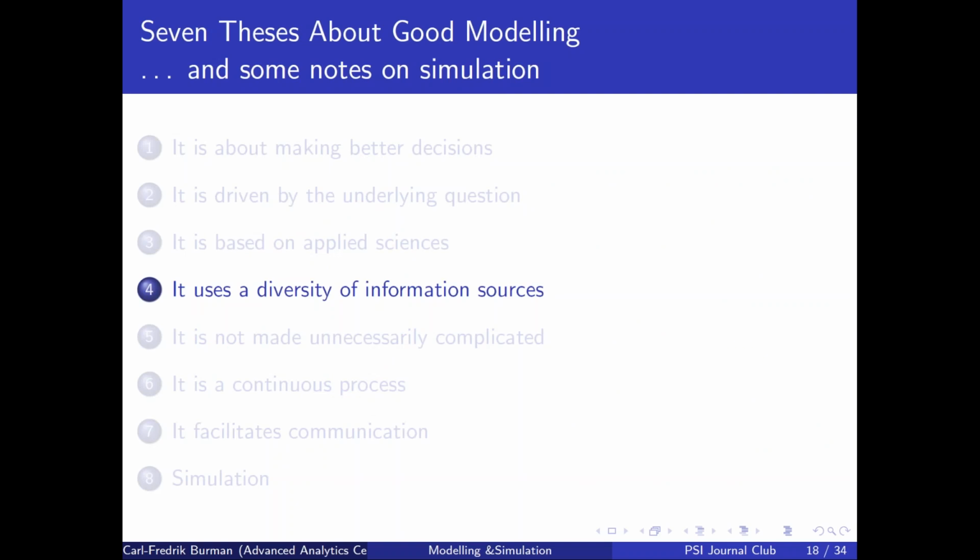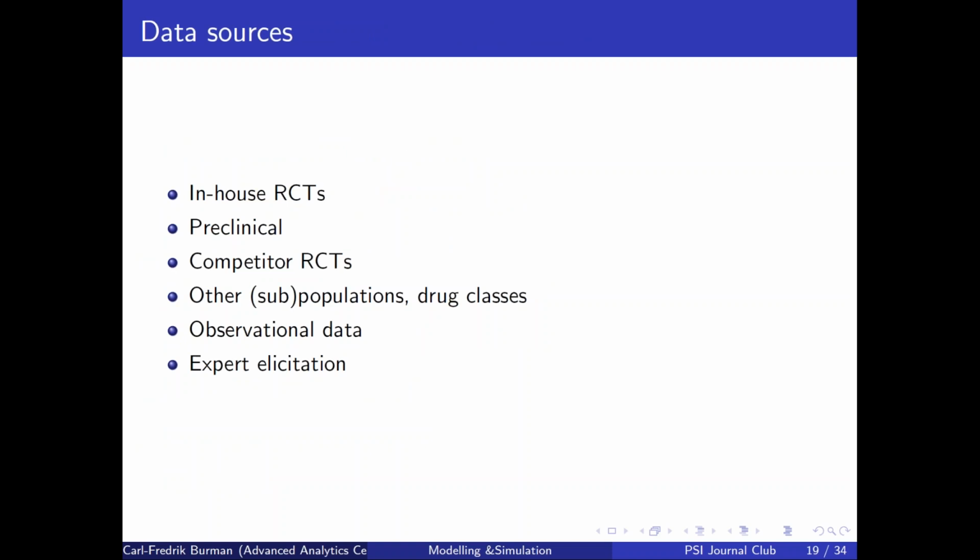Modeling uses a lot of different information sources, and there are different types of statisticians. Pharmaceutical statisticians have traditionally tended to be quite conservative, whereas if you as a statistician are working on health technology assessment, you have to be much more pragmatic.